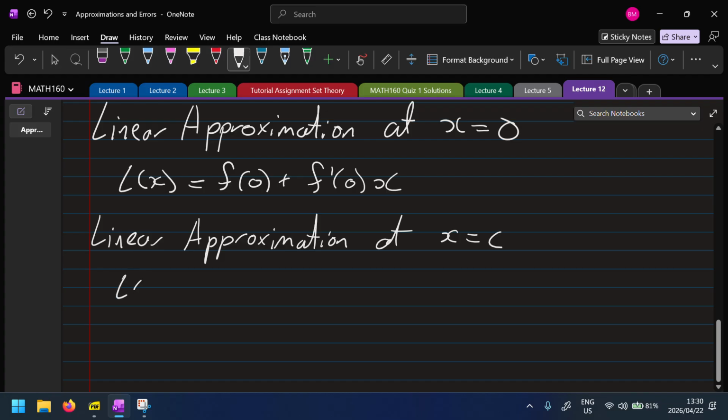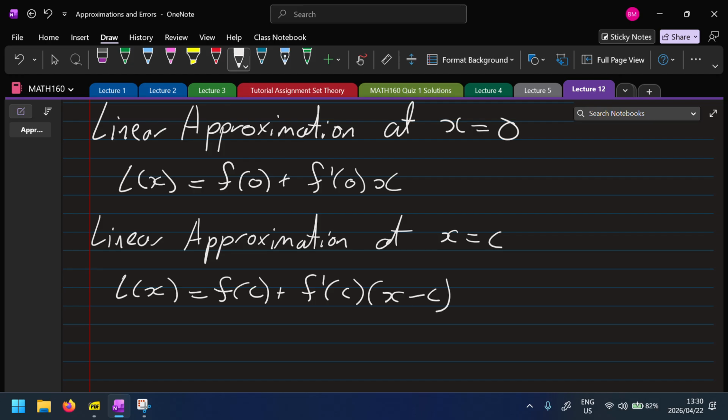So L of x will be f at c plus f prime at c. And instead of x, we shift over to c. So it will be x minus c. Okay, so that will be the linear approximation at c. You can see if we put c as 0, we just get back to where we started.